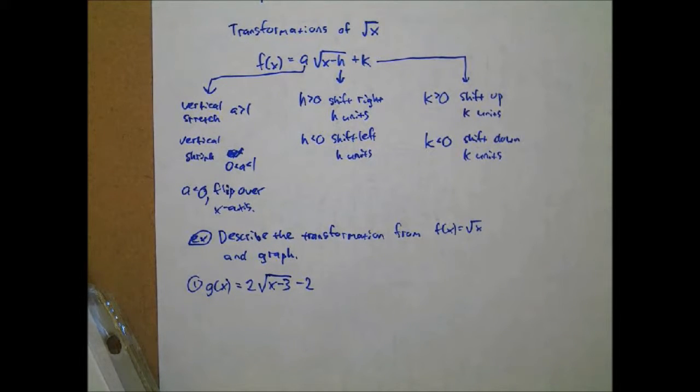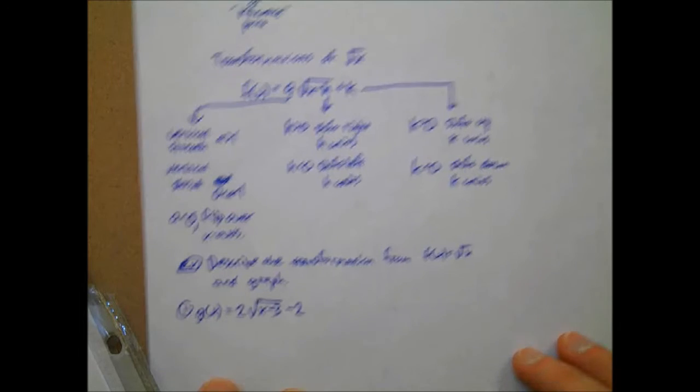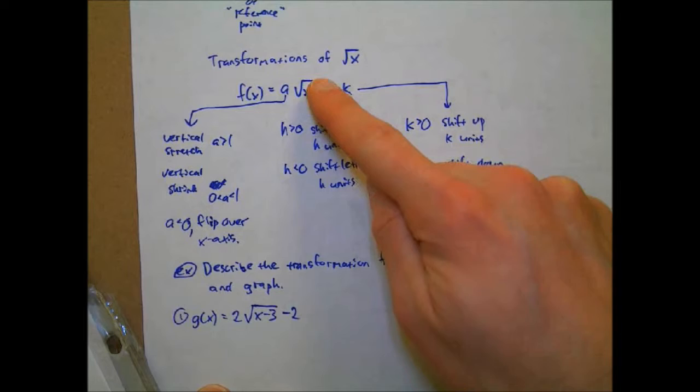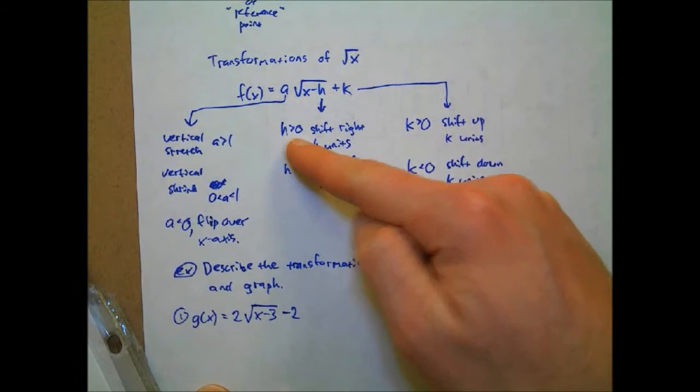Okay, so down 2, yes. Careful, not left 3. The minus 3 does the opposite of what you'd expect. You think, oh, it should go to the left, but actually it's going to go right 3. If h is positive, it means you're going to have x minus a positive number.